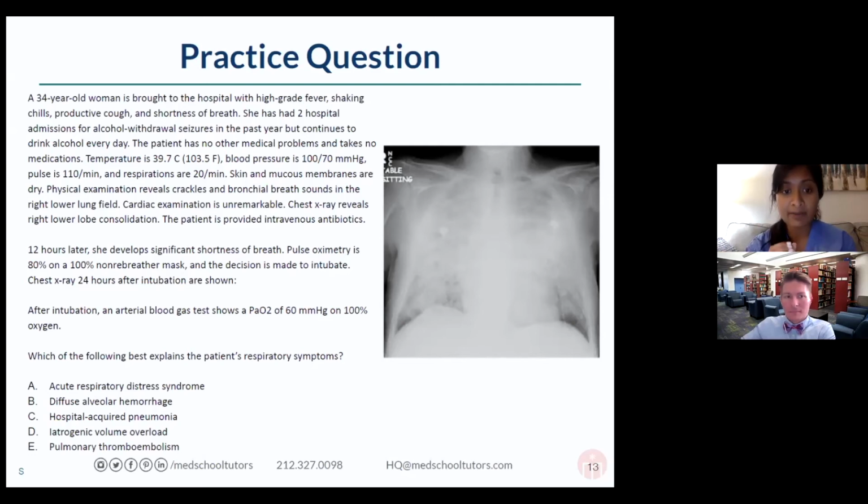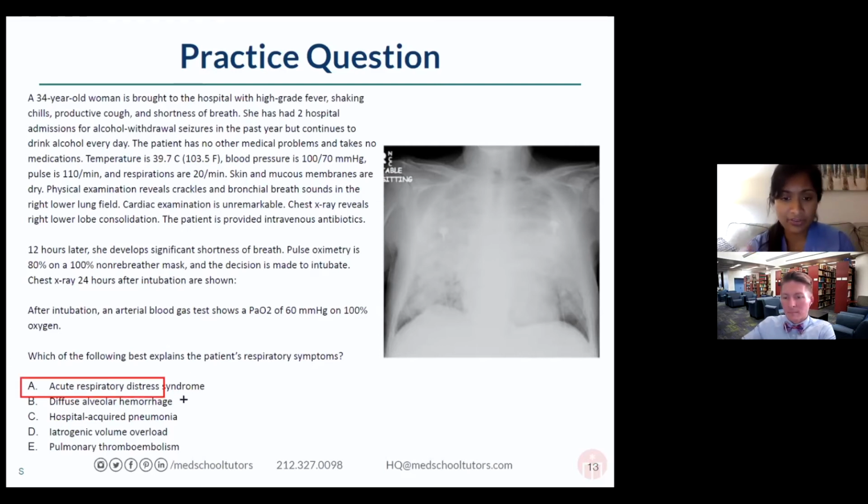She is in a very primed position to have a significant inflammatory response. We're going to talk about the inflammatory response involved in ARDS and why that causes this picture. She's just recently started this treatment, and this very acute, sudden worsening is a classic picture for ARDS.